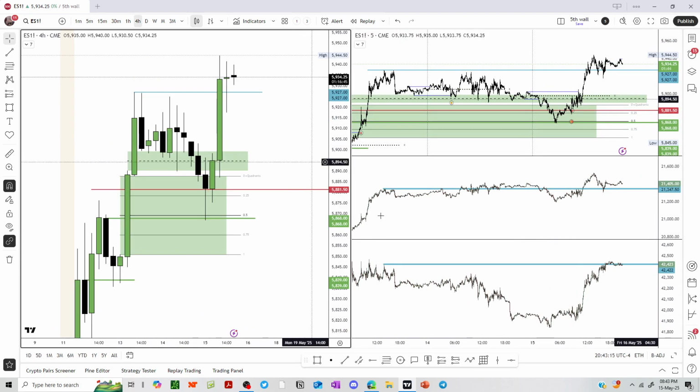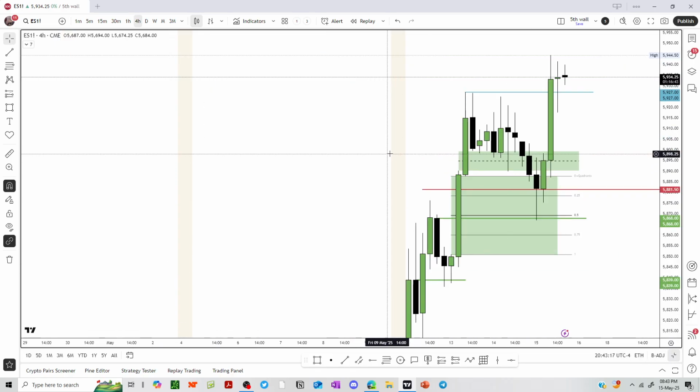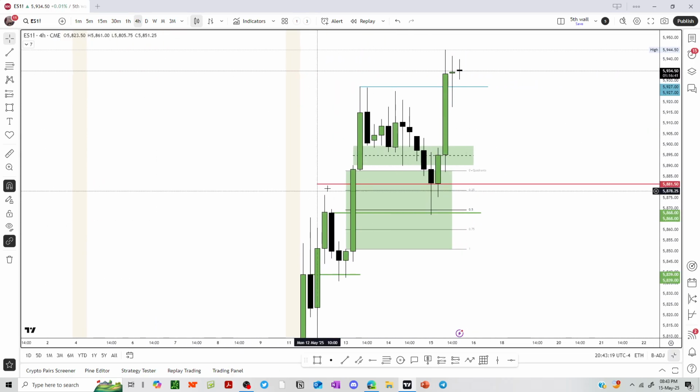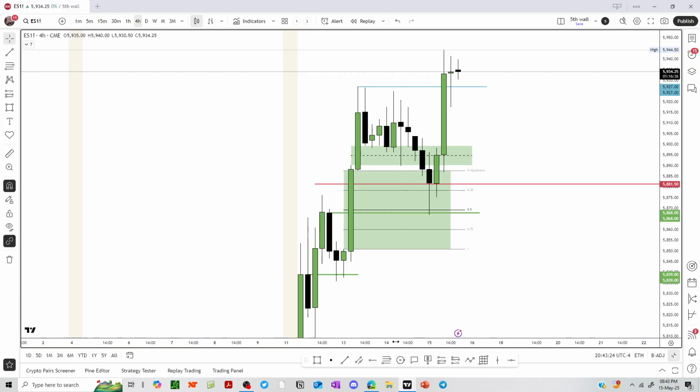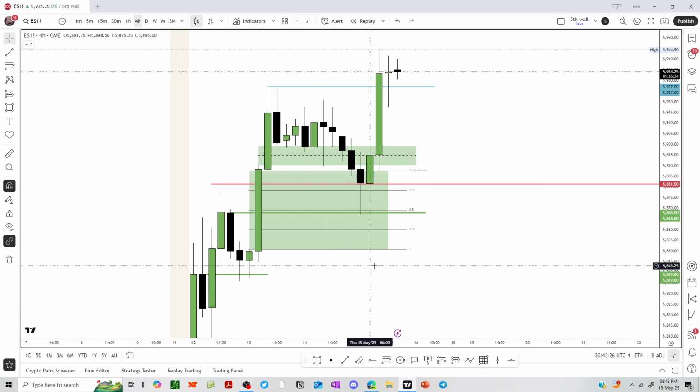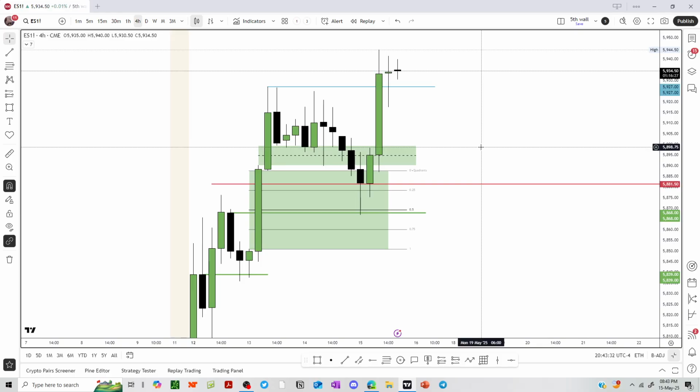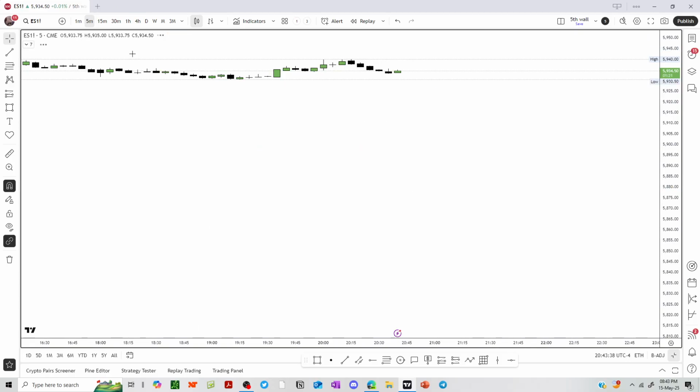Let's get back into price action. One of our focuses has been the 4-hour chart and 1-hour chart, utilizing that as our higher time frame chart, and then utilizing the 5-minute, looking for setups.